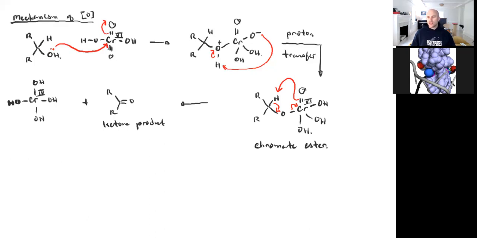But what you're going to see as you get into second semester organic is that these proton transfers happen all the time, and we don't really want to spend a lot of time on them. You can write proton transfer, or you can draw a detailed arrow mechanism. Either way, you should go through a neutral chromate ester, and then you show the elimination.